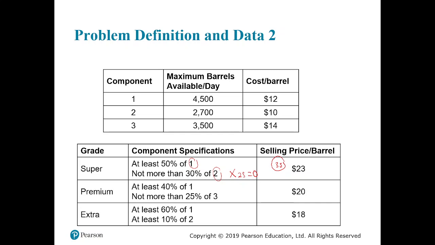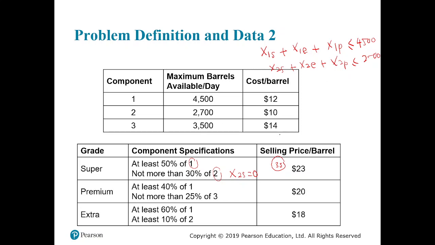Now let's look at this one. This is the maximum availability of component number one. So 1S plus 1E plus 1P must be less than or equal to 4500. Then we have 2S plus 2E plus 2P, and this must be less than 2700.